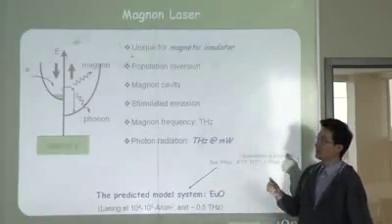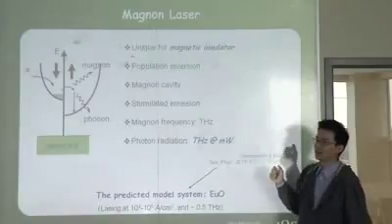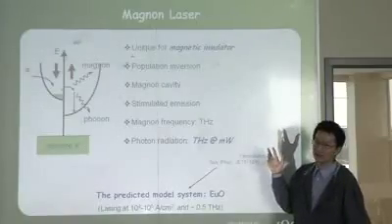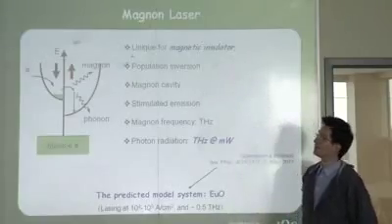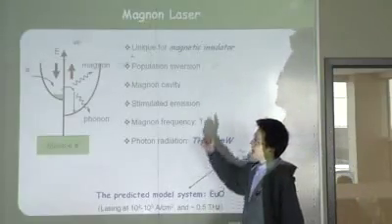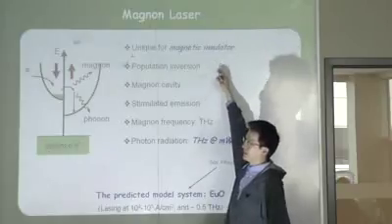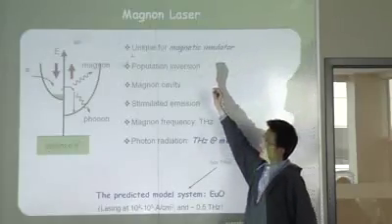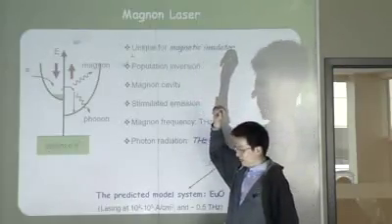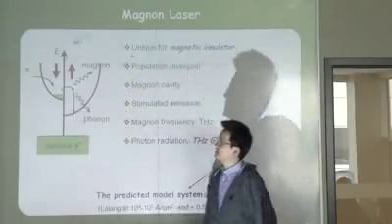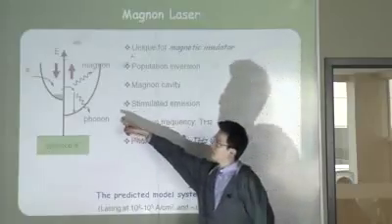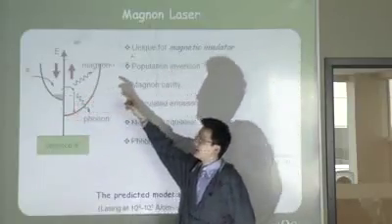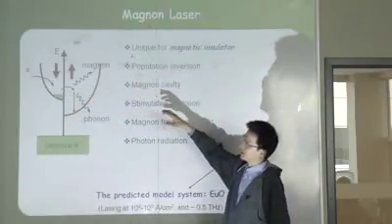It is good to take a look at many other spin-based systems. The magnon laser is one such system. This proposal is unique to magnetic insulators. The population inversion can be achieved by electron spin pumping. We pump a huge amount of spin down electrons into the magnetic insulator.